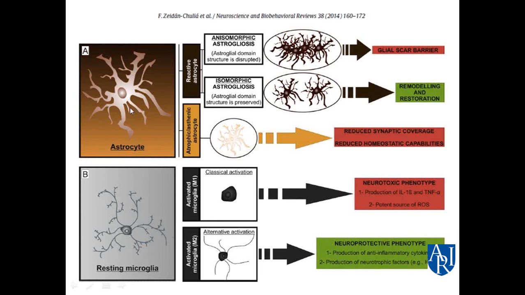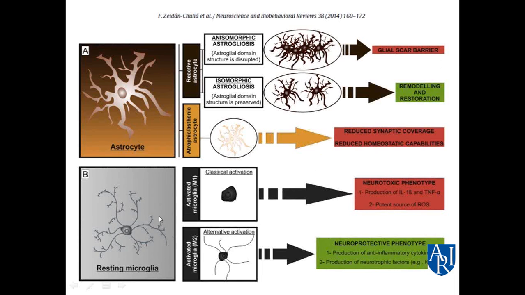Here they have an interesting flowchart of the actions of astrocytes, showing their importance for remodeling and restoration, and for homeostasis, metabolic homeostasis.